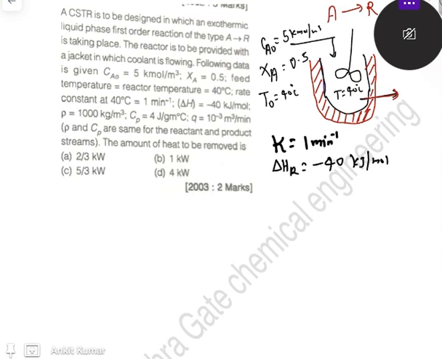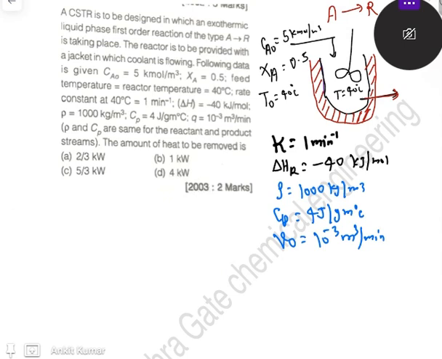Is that clear? The density of the reaction mixture is 1000 kg per meter cube, Cp is 4 joule per gram degree centigrade, and the volumetric flow rate is 10 to the power minus 3 meter cube per minute.